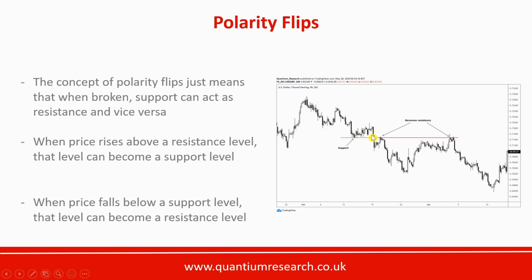It's tested again and price breaks down below that. Now you can see that level now turns into a resistance level, and you can see two reversals to the downside occurring from that level. So we've got this one and then we've got this one. The prior support has now become resistance. That is an example of a polarity flip.